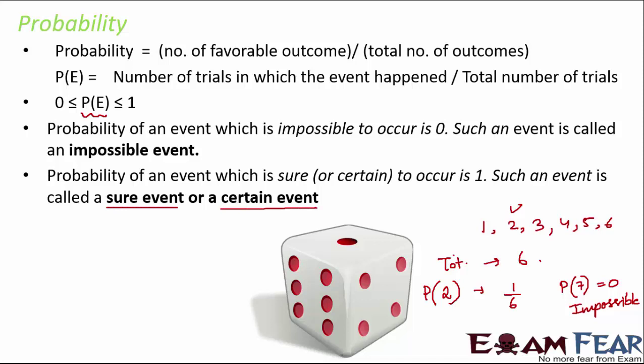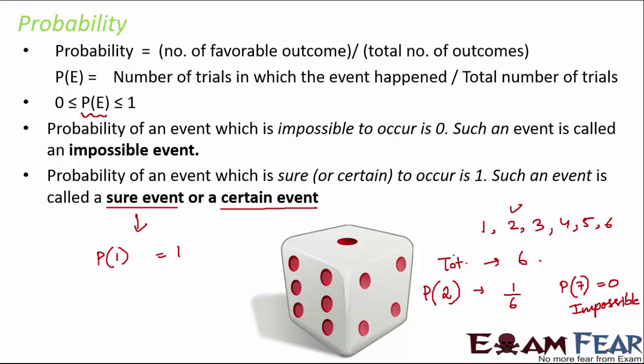Let's take an example. Let us suppose that we have customized this dice in such a way that you have 1 on all the 6 sides. So you do not have 2, 3, 4, 5 or 6. You just have 1 on all the 6 sides. In that case, what will be the probability of getting a 1? It will be 1 because you do not have any other number on any of the sides.